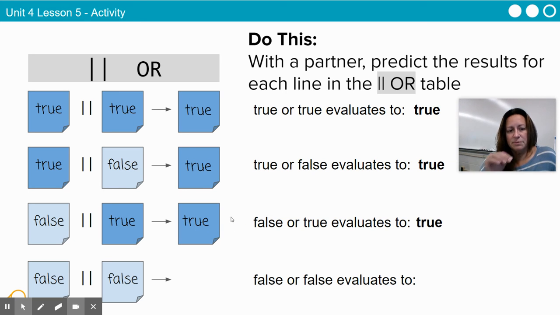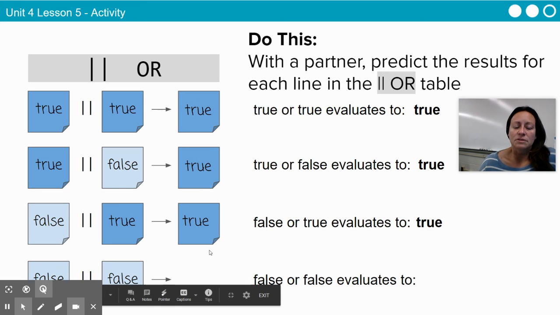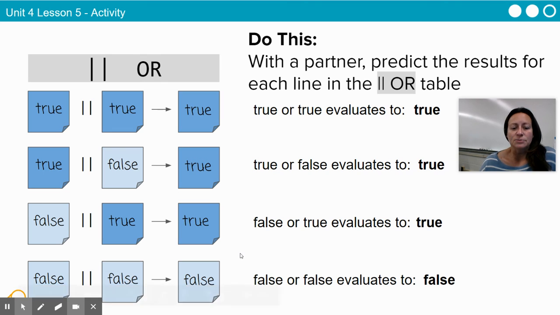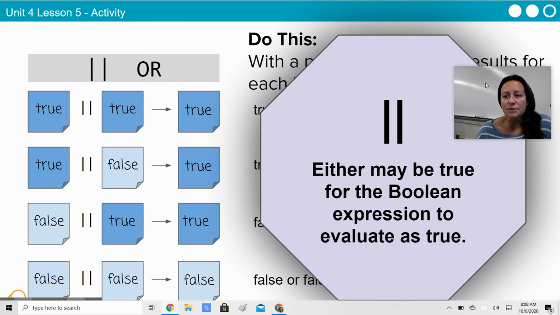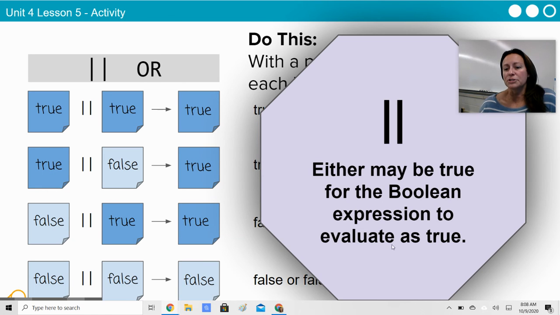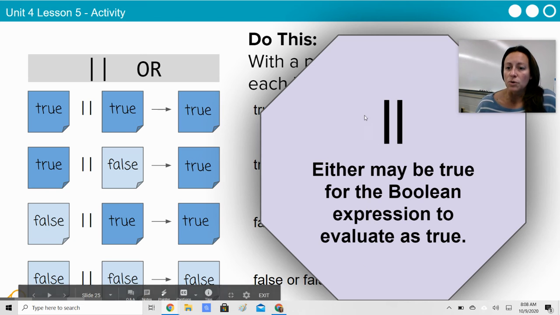They don't both have to be true for the entire expression to evaluate to true. So if the first is false and the second is true, the final result is true. If they are both false, that is when the or evaluates to false. Either may be true for the Boolean expression to be evaluated as true when or is the comparison between them.